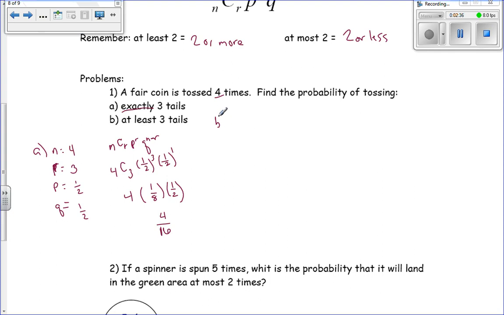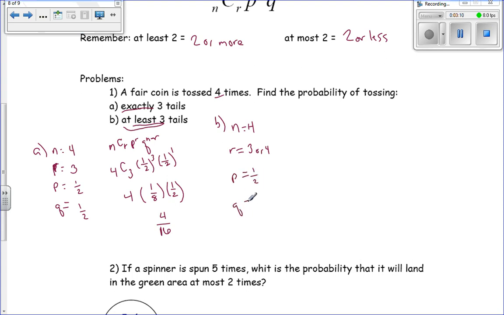For part B, they're saying at least 3. At least means 3 or more. In this case, it's 3 or 4 because it goes up to the total amount that we had. So, n never changes, n is 4. r is 3, 4. P is still 1/2.